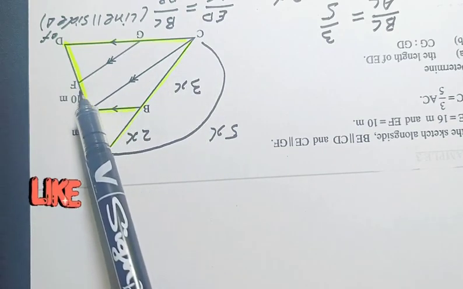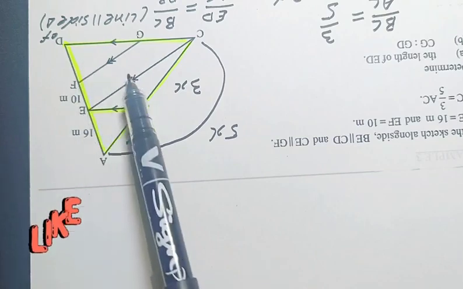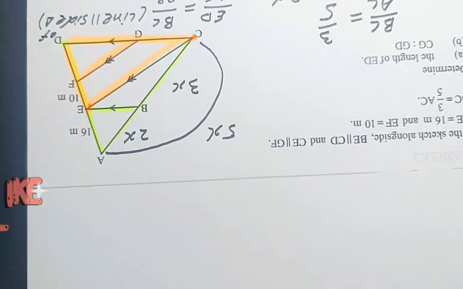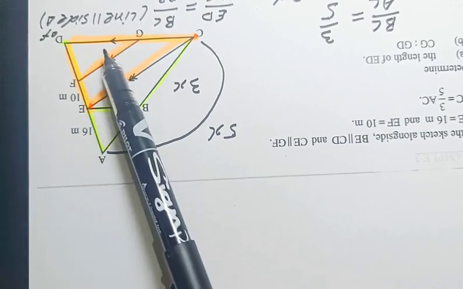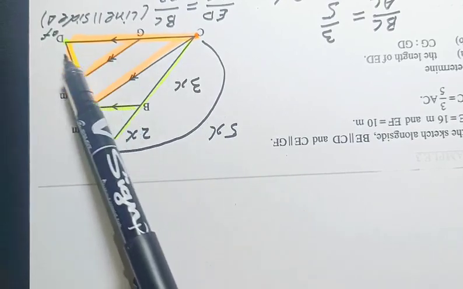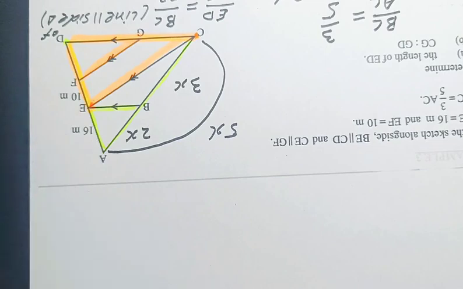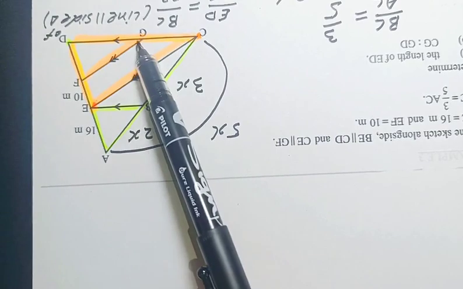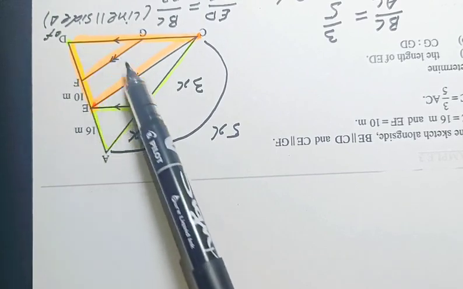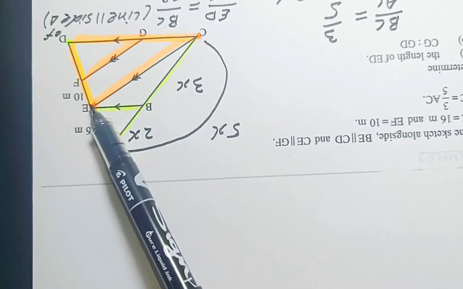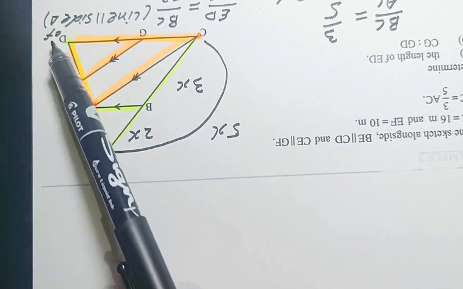So now we're gonna use this triangle. Let me highlight for you. We're gonna use the orange one. Can you see? This is what we're gonna use to find the sides proportion. We're gonna apply the proportionality theorem on this orange triangle. They're looking for CG over GD, so it's gonna be EF over FD.